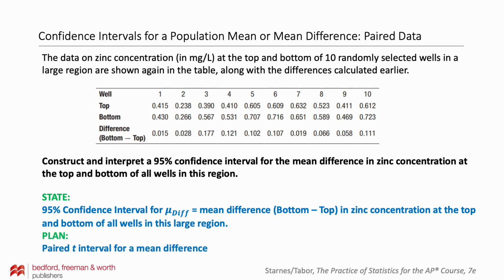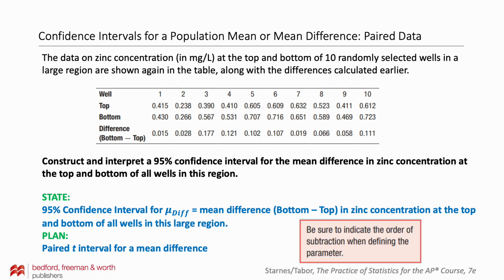For the plan, this is a paired t-interval for mean difference. That's our inference method. Make sure to include the order of the subtraction when you're defining your parameters. That's very important.